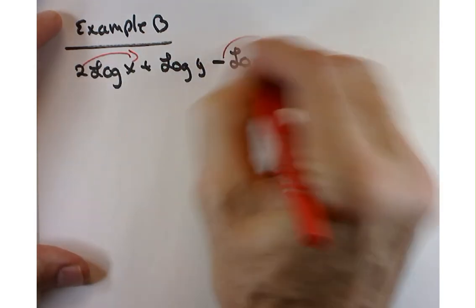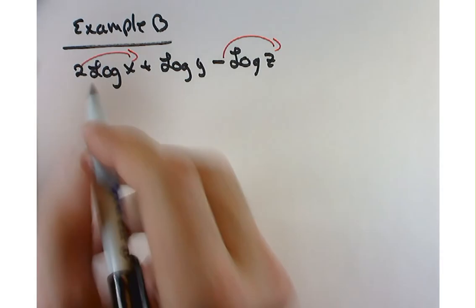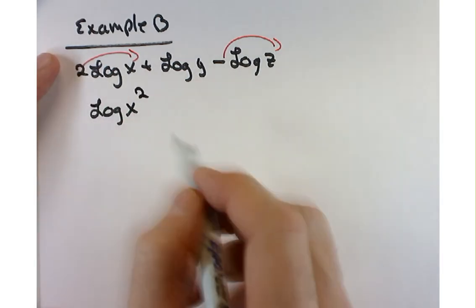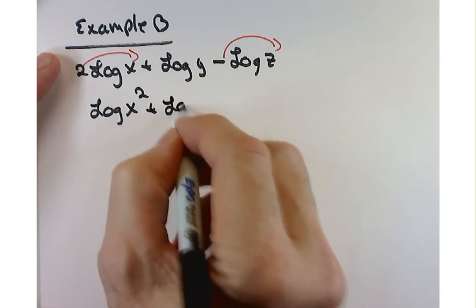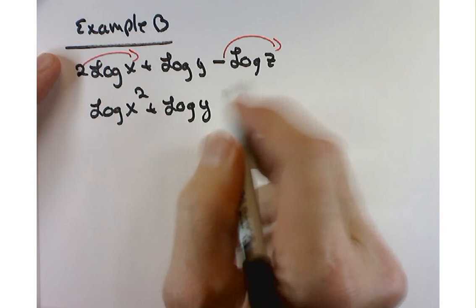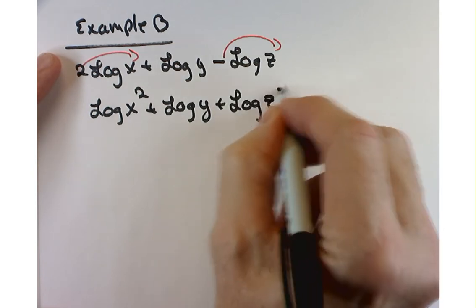And I'm also going to take this exponent and bring it up here. Now, especially with that latter one, you might be wondering, well, what exponent do you mean? Well, right here, that's log of x squared. This stays the same, that's the log of y. But here, I'm going to bring up the negative 1. So that's log of z to the negative first power.